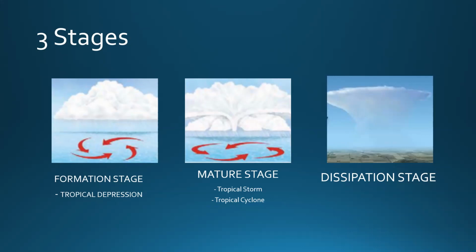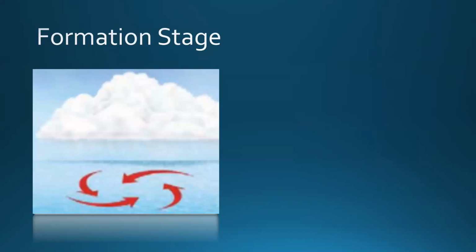You can have what's called a tropical storm, or you can have a tropical cyclone. Now remember, a tropical cyclone can also be classified as a hurricane, typhoon, or just a regular cyclone. We're going to talk about what creates these differences in these types of storms and how you can memorize them.